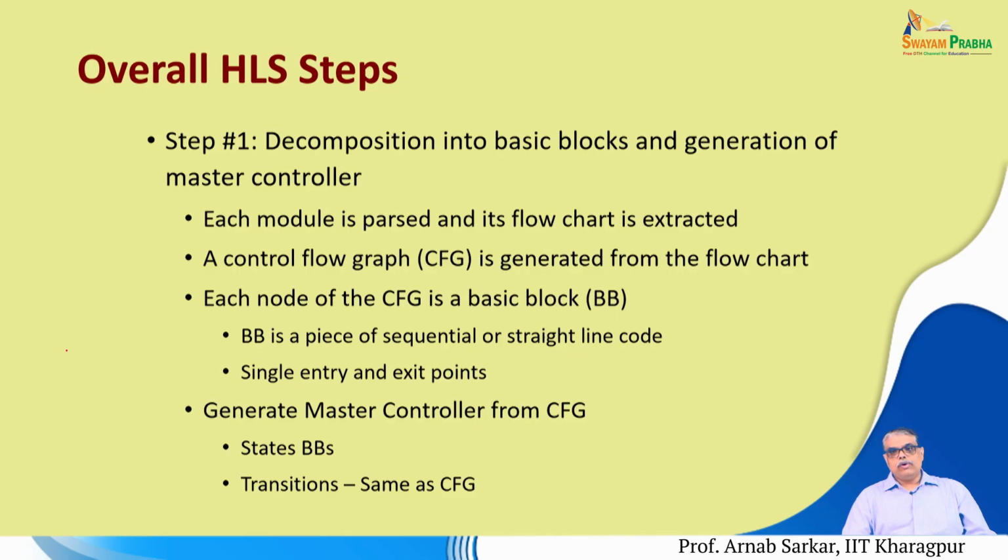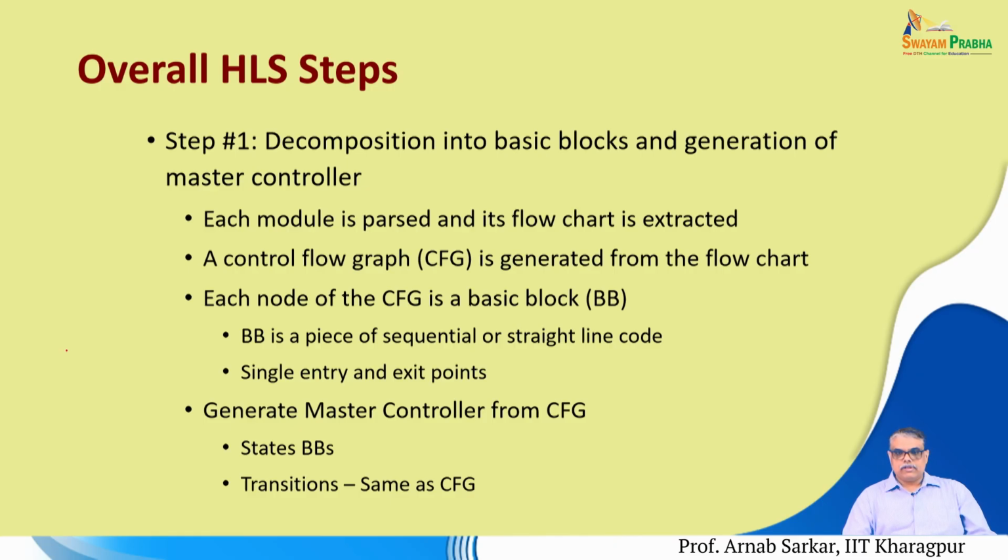In the control flow graph, each node is a basic block and edges denote transfer of control between basic blocks. And what are basic blocks? Basic blocks are straight line sequences of code.